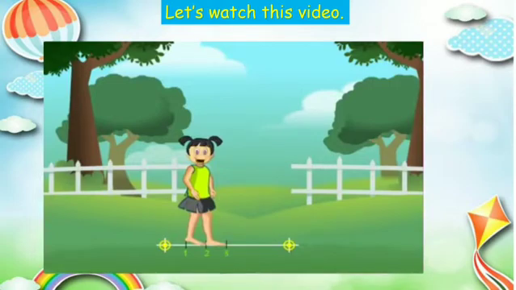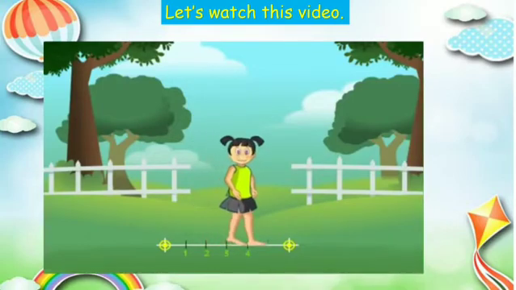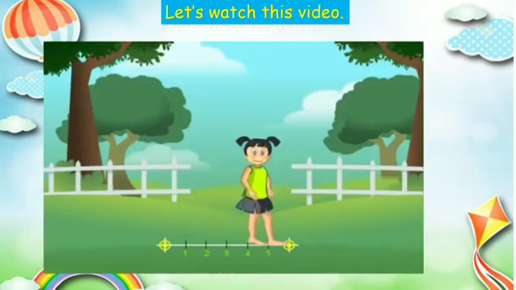Keep walking like this in a straight line until you reach the other point on the ground, and keep counting your steps too. In this case, we observe that the distance between these 2 points is 6 footspans.